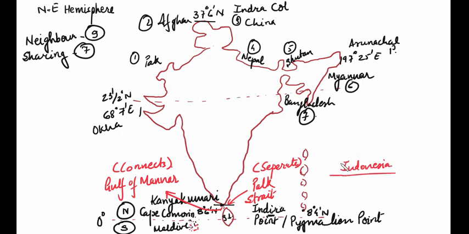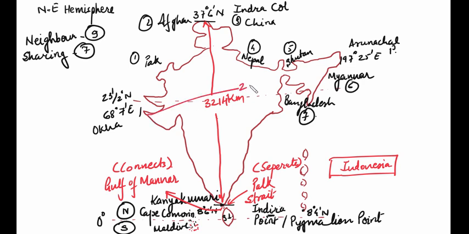Then the north-south extent of India is somewhat 3,214 kilometer, whereas the east-west extent is 2,933 kilometer.